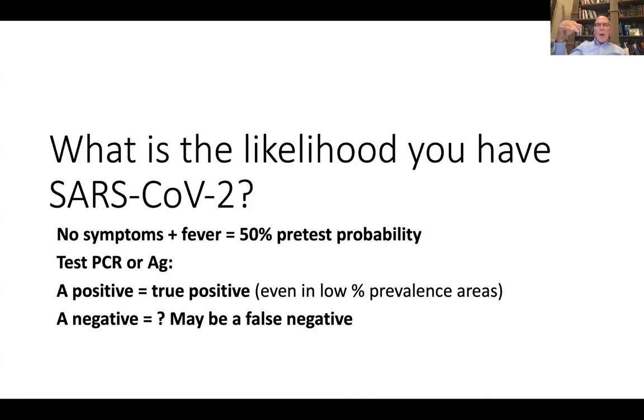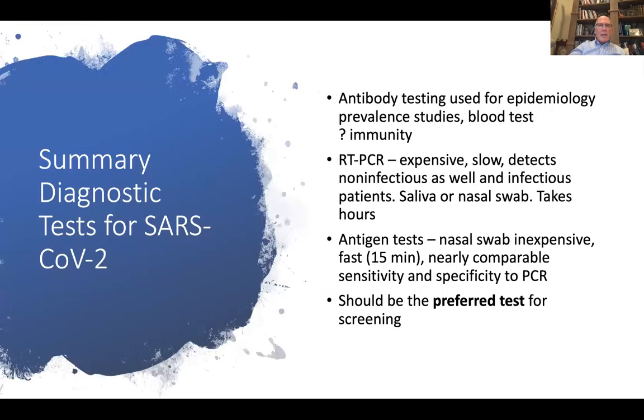A negative, however, could be up to 20% a false negative. But you can see that by monitoring before you get the test, if you have fever, then if you get a positive test, either antigen or PCR, it will be a true positive.